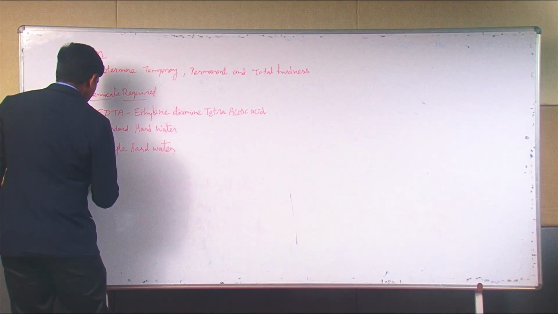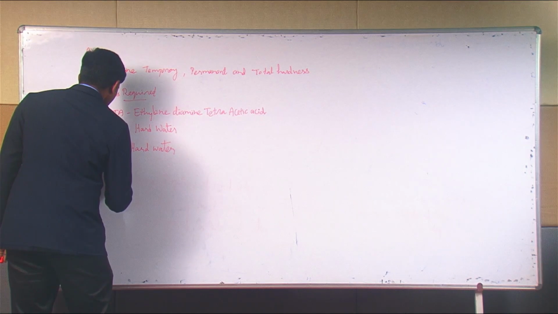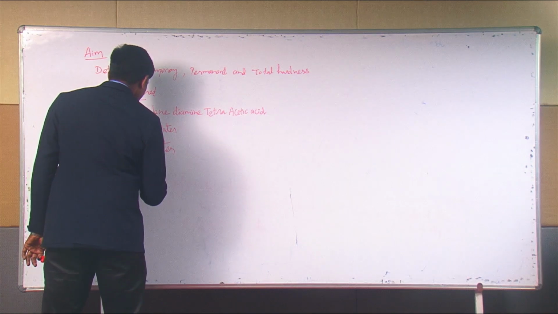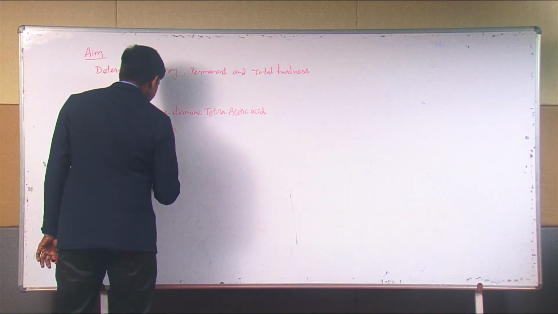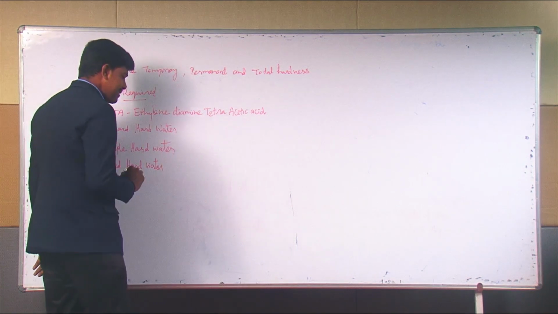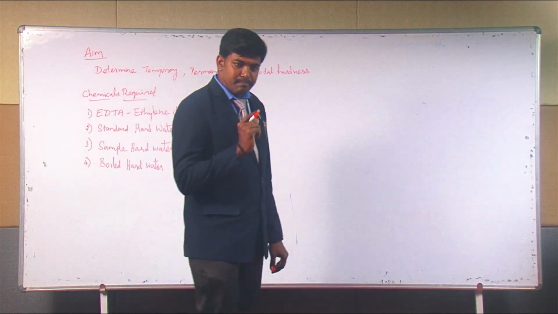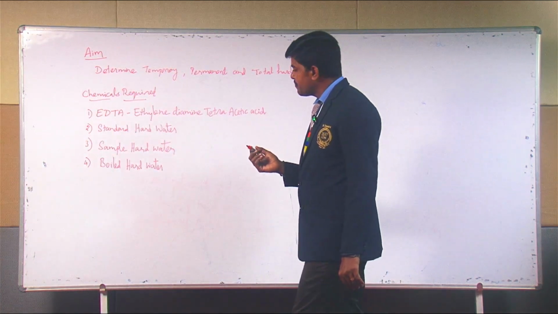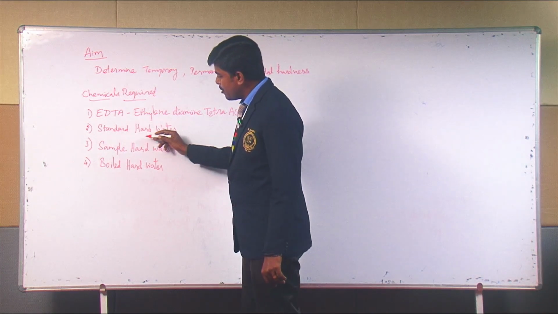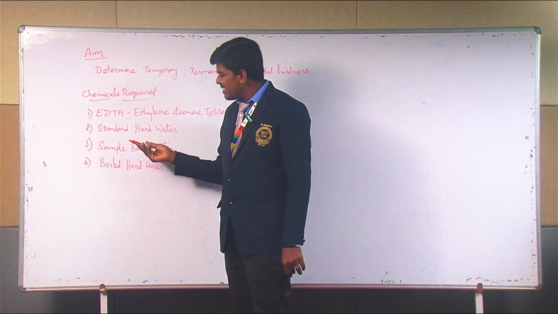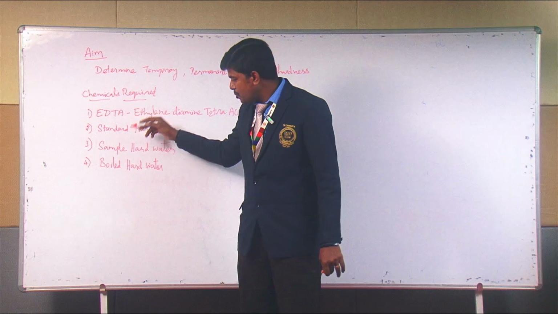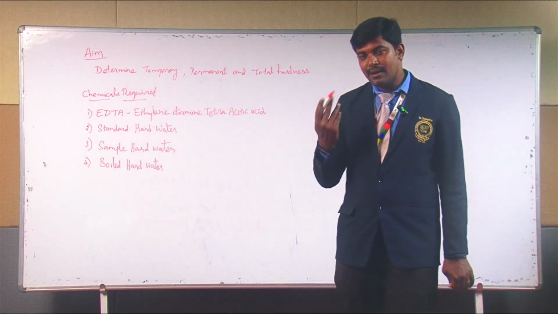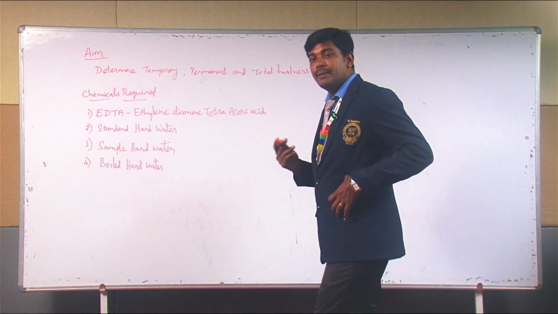And the next one is boiled hard water. In the third iteration, the pipette solution is boiled hard water. As I mentioned earlier, if the sample water is subjected to boiling, the temporary hardness will be removed. So, by using boiled hard water, we can determine the permanent hardness.